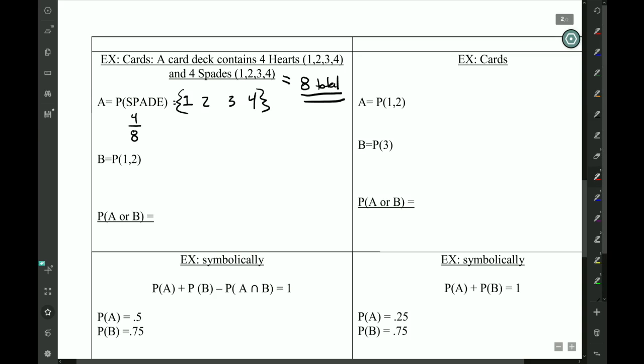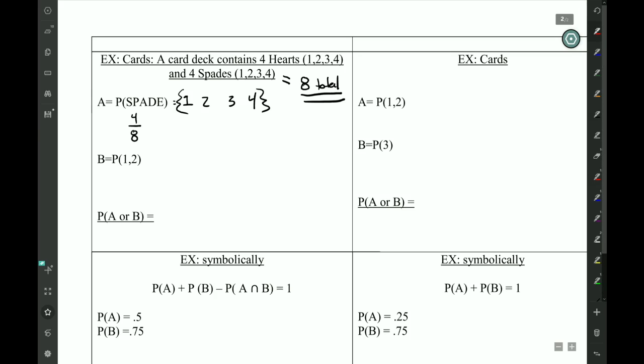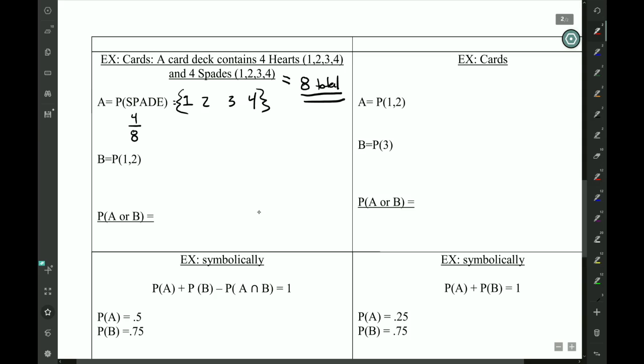Now, let's say for hearts, and I'll even use red, the probability that I just get a 1 or a 2. Well, let's think. We have the 1 and 2 of hearts, and we also have the 1 or 2 of spades. I'm just going to erase that. Okay, so let's think here.